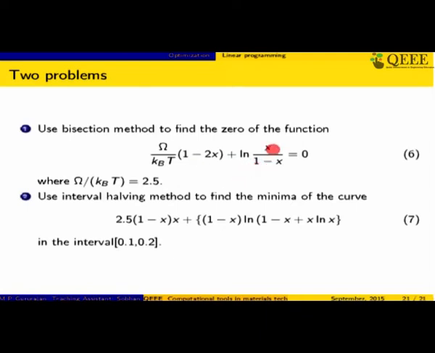It requires 3 evaluations of this function, and the points of evaluation are 0.1, 0.15 and 0.2. Just by looking at the numbers, you will know whether f(0.1) into f(0.15) is negative or f(0.15) into f(0.2) is negative.